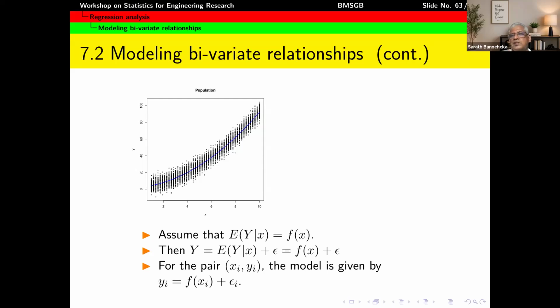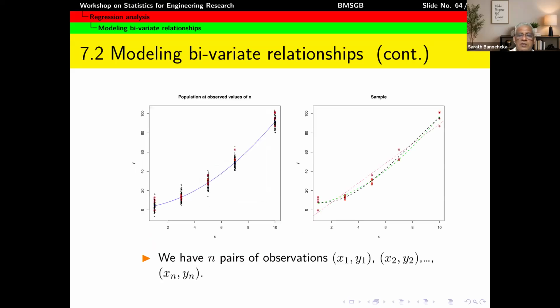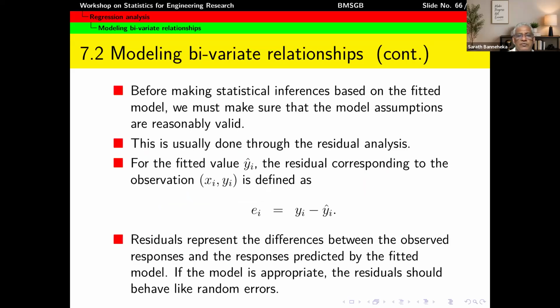So we expect the residuals to have similar properties like errors. So that's why the assumptions that we have about errors are usually tested using the residuals, right? So I think that is enough explanation about that. So residuals are the things that we use to test the model assumptions.